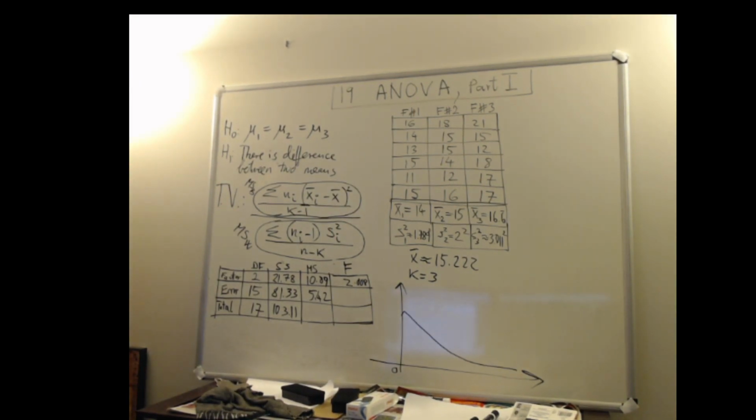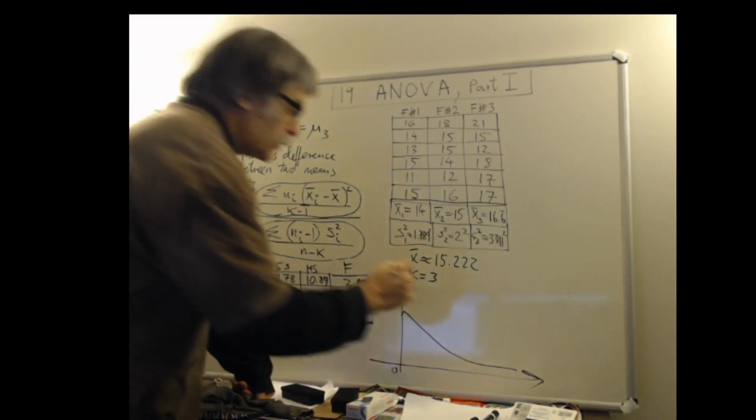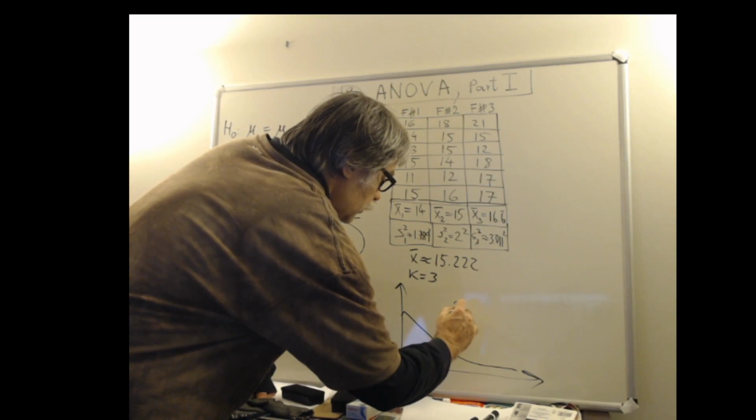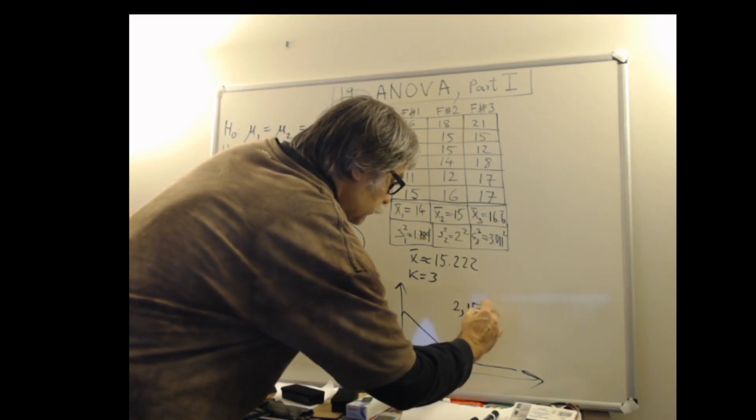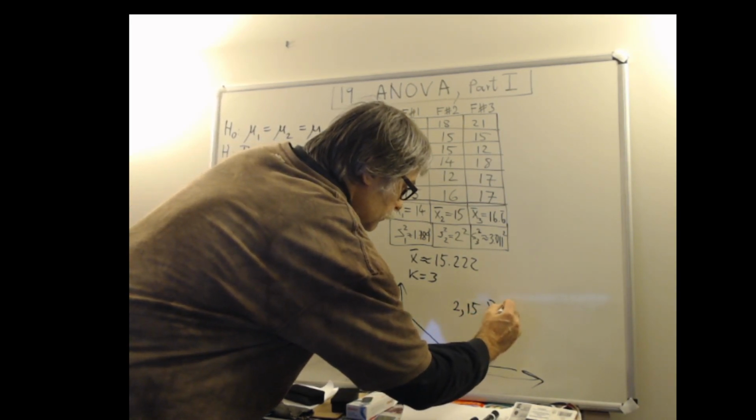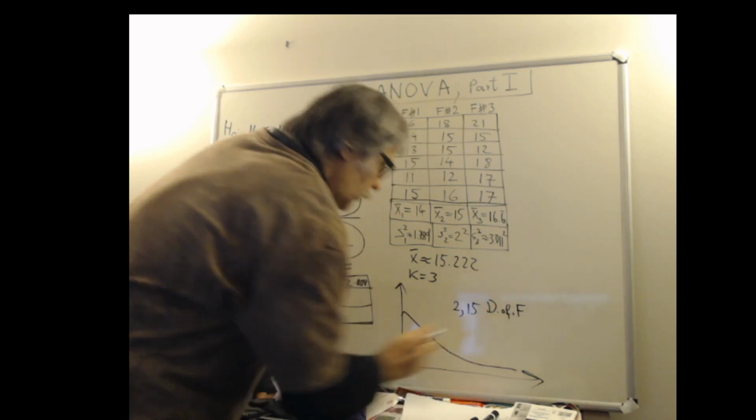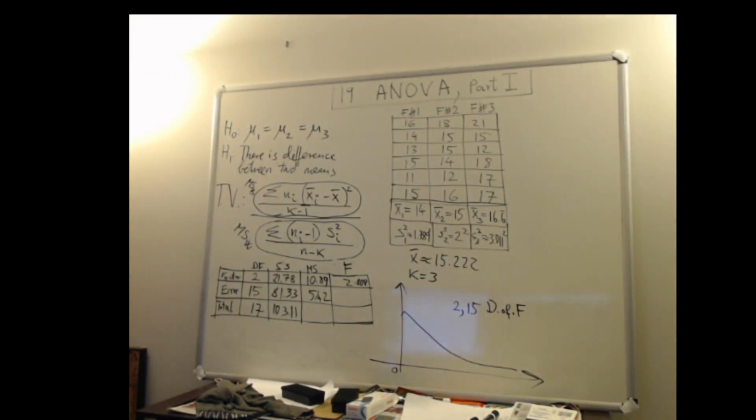But it has 2 degrees of freedom between the groups and, within the groups, this one is 15 degrees of freedom. And if you have something else, then the shape changes; it would be a little bit different. All right? So it has 2 degrees of freedom.